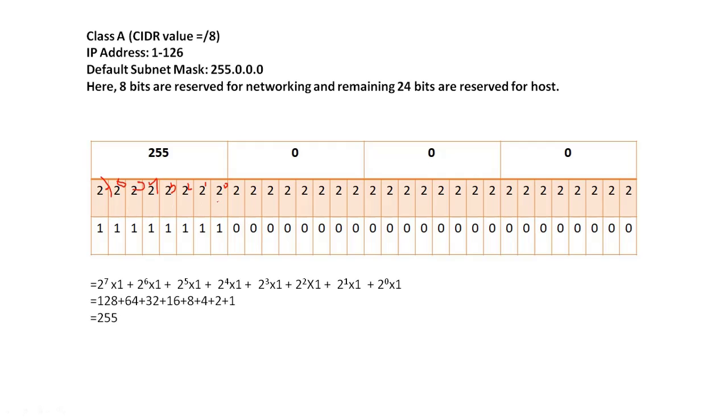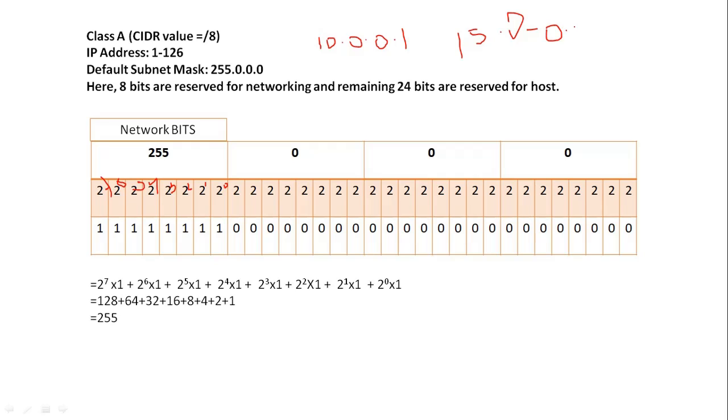So altogether there are 8 bits which are allocated for our network bits. That's why the CIDR value is also 8, and the IP range is from 1 to 126. You can see an IP address like 10.0.0.0. It's a Class A IP. Or you can see 15.0.0.5, it's the same, it's a Class A IP.